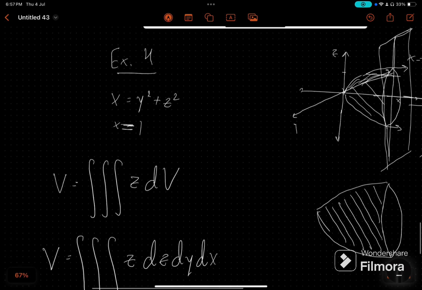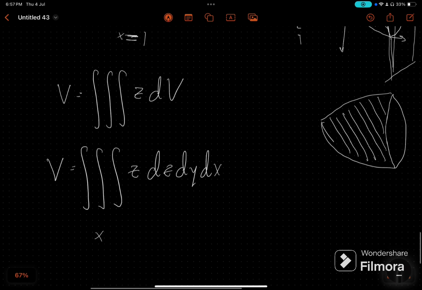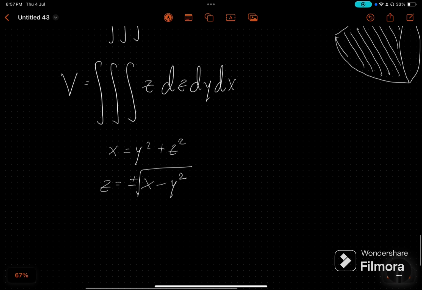For dz, we're going to take our function x equals y squared plus z squared, and write it in terms of z equals plus or minus the square root of x minus y squared.